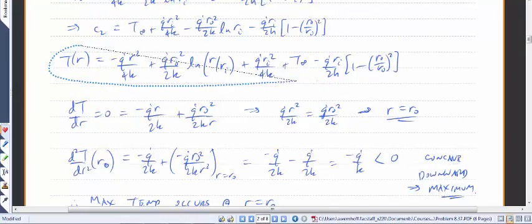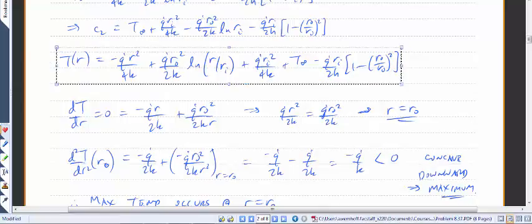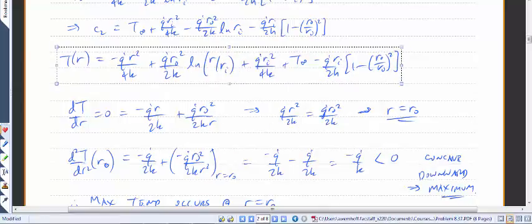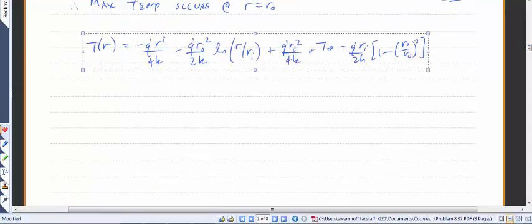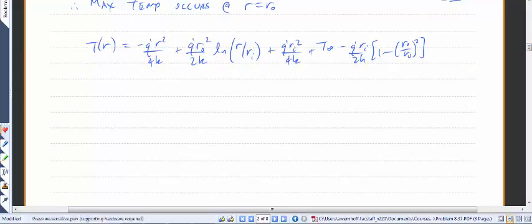So therefore, we can grab our temperature distribution and simply plug in Ro for r all along the temperature distribution here. And we can simplify it too.